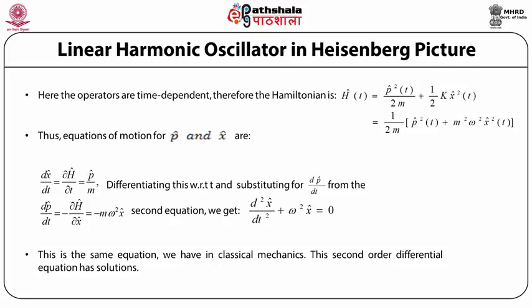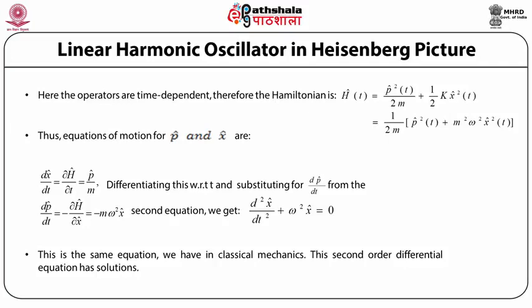Thus, the equations of motion for the momentum operator p and the position operator x are: the derivative with respect to time of the position operator x is equal to the partial derivative with respect to the momentum operator p of the Hamiltonian operator H, and this is equal to the momentum operator p upon m.